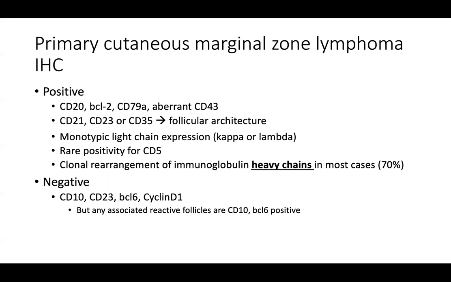If there are reactive follicles within the specimen itself, unrelated to the pure primary cutaneous marginal zone lymphoma, you may see some CD10 and BCL6 positivity within those reactive follicles. So it becomes important to figure out within the specimen which parts you consider neoplastic and which parts may represent reactive.